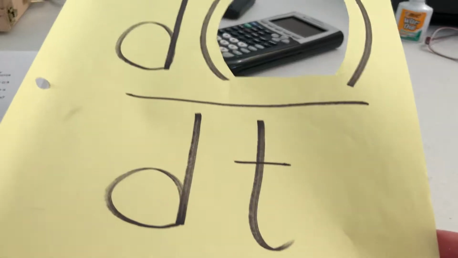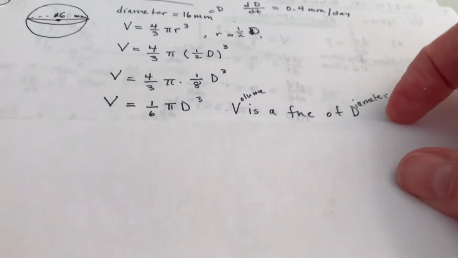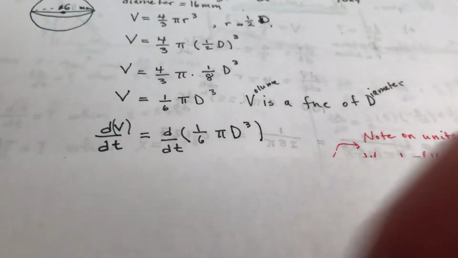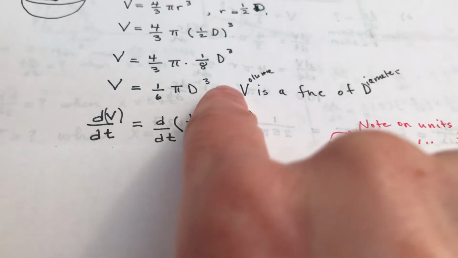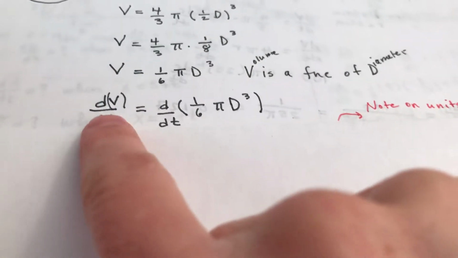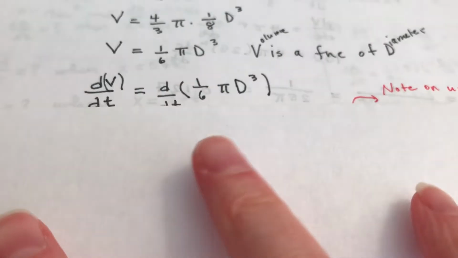So this is my operator, d/dt, and I'm going to apply it to both sides of this equation. You'll see in the next step that I'm applying d/dt to the V and to this 1/6 pi d cubed. When I do that, the left side I'll just write as dV/dt, the change of volume with respect to time.